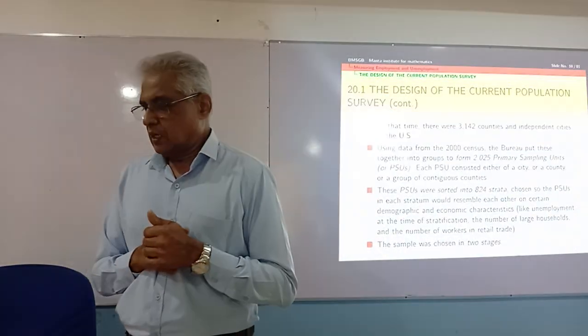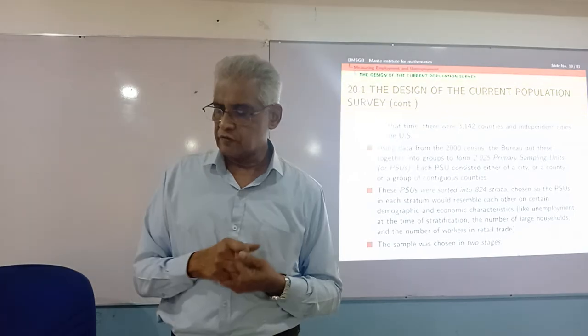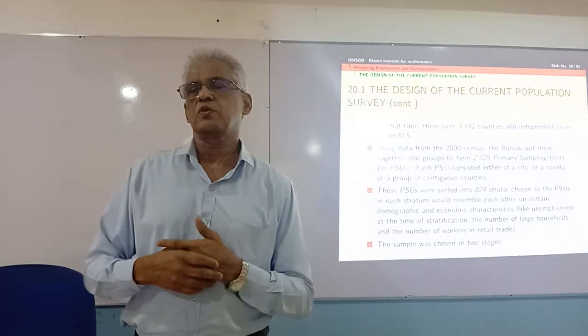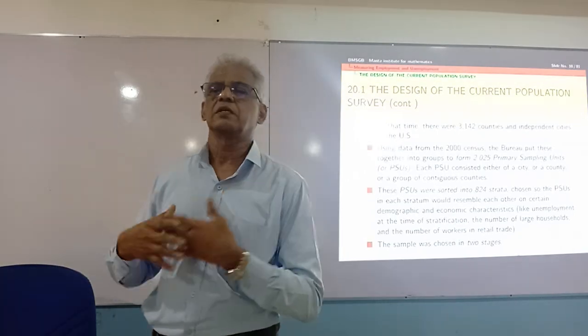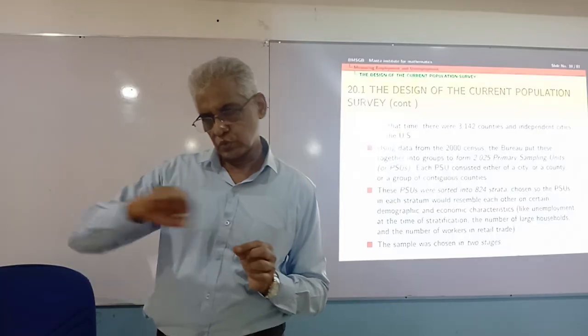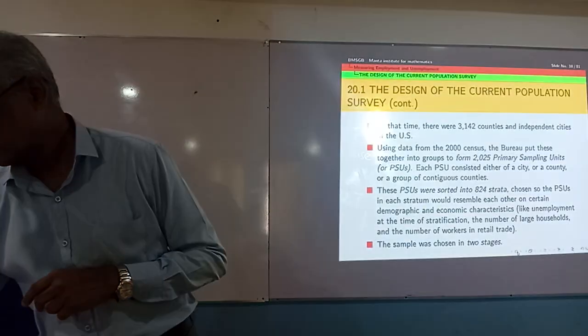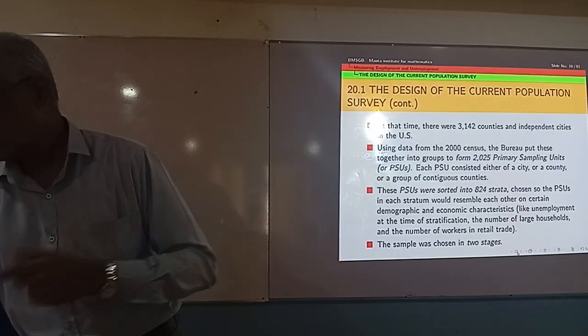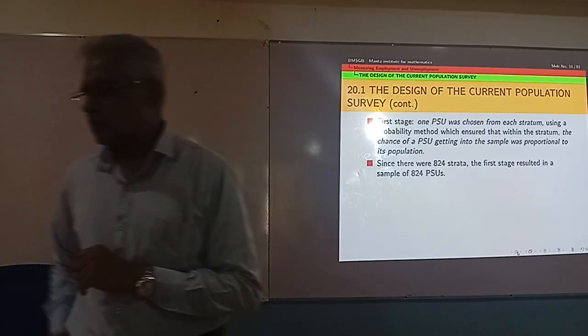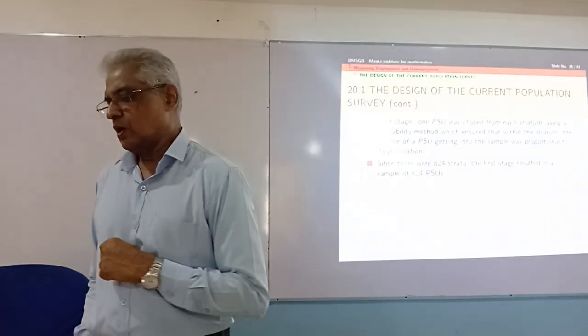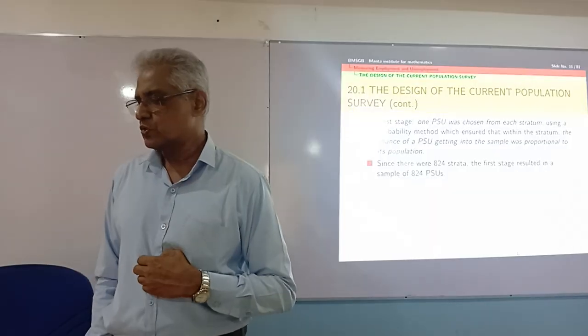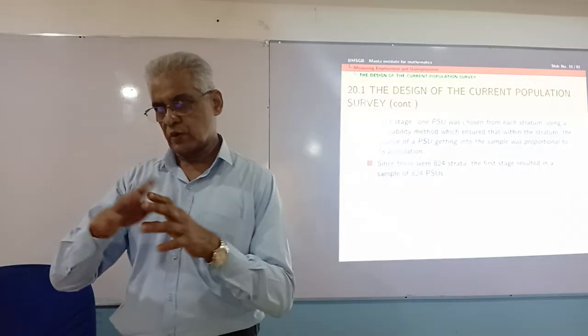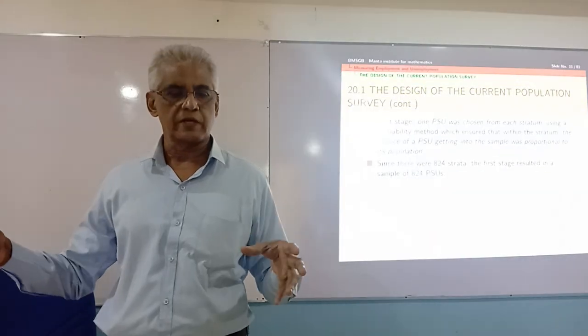So in this survey, the final units were selected through two stages. Now you have primary sampling units, and then we have the strata. At the first stage, one PSU was chosen from each stratum. So we now have 824 strata.